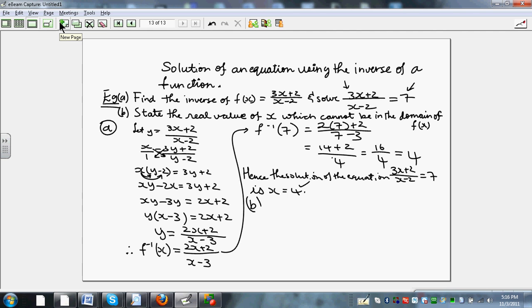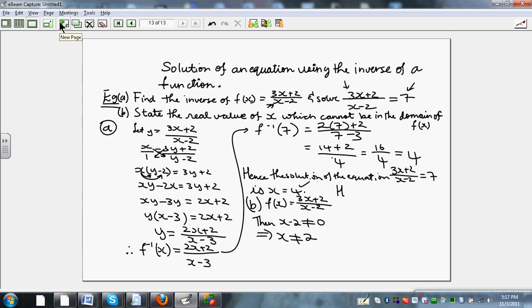And part B now, state the real value of x which cannot be in the domain of f of x. All we do is we appreciate that x minus 2 cannot be equal to 0. So if f of x is equal to (3x plus 2) over (x minus 2), then we know that the bottom part cannot be equal to 0, otherwise it would be meaningless. So you write x minus 2 cannot be equal to 0, which means that x cannot be equal to 2.